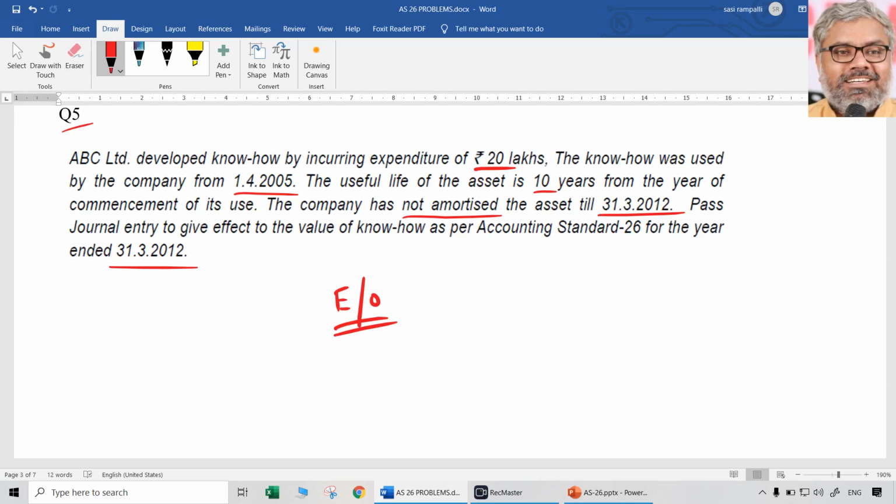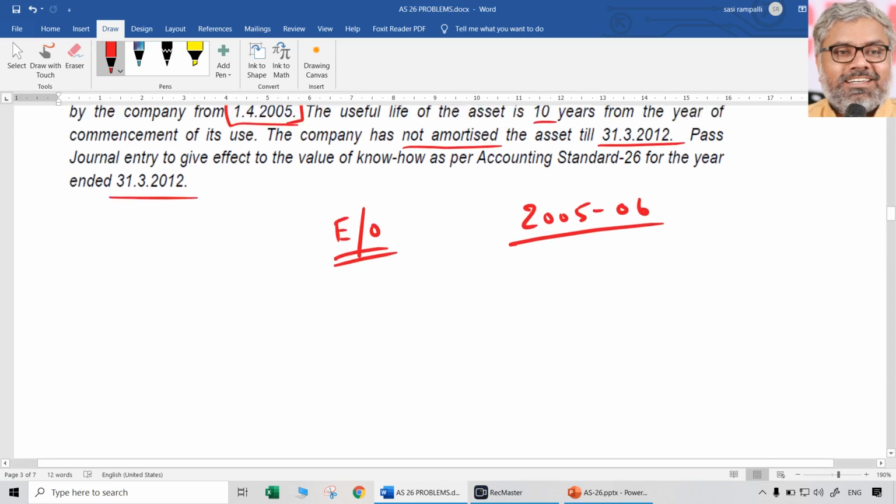So for 2005-6 they started. From there you can start this computation, because they acquired or used by the company this asset from 1/4/2005. So 2005-6, 6/7, 7/8, 8/9, 9/10, 10/11, 11/12. So 7 years they did not do.